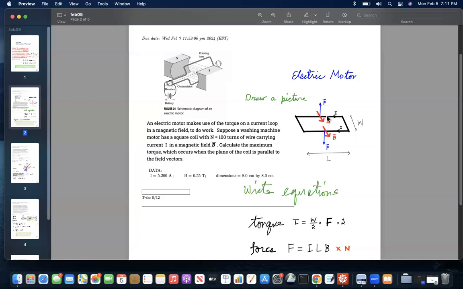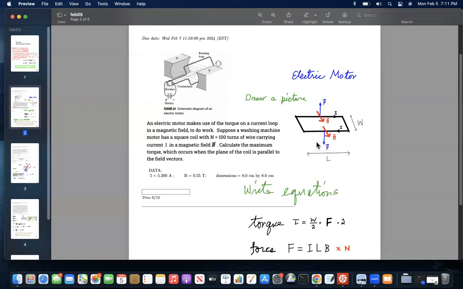Now the Lorentz force is I dl cross B. So you have to use the right-hand rule to figure out the direction of the force. Here, I is to the left, B is pointing out towards you. So I cross B, I guess I have this backwards. By the right-hand rule, if my fingers point in the direction of I, and my thumb curls around to the direction of B, then I cross B points actually upward.